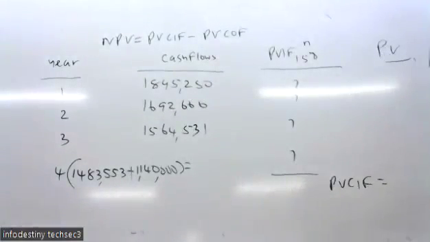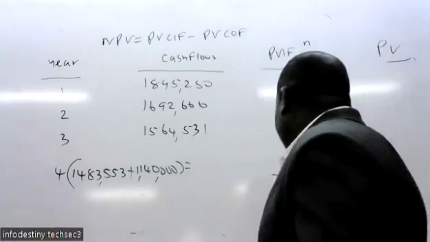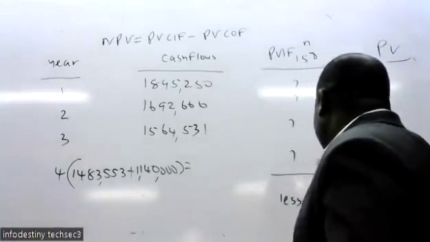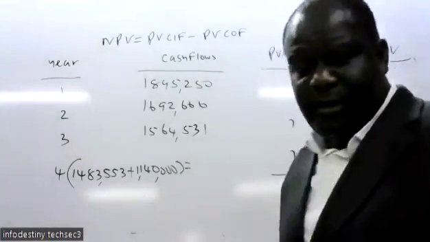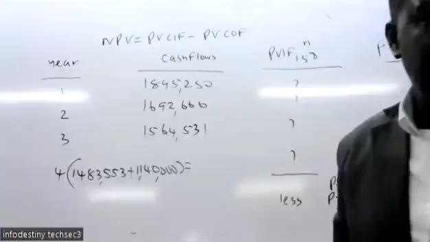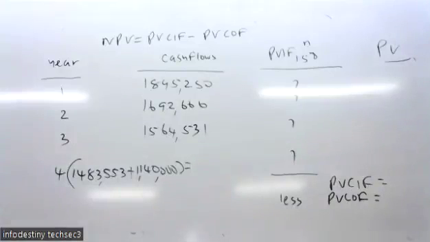Then you will subtract the present value for the cash outflow. You remember what we calculated as the total cash outflow. So we got 5 million 5340.